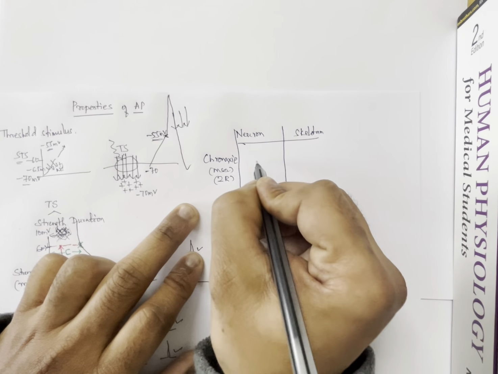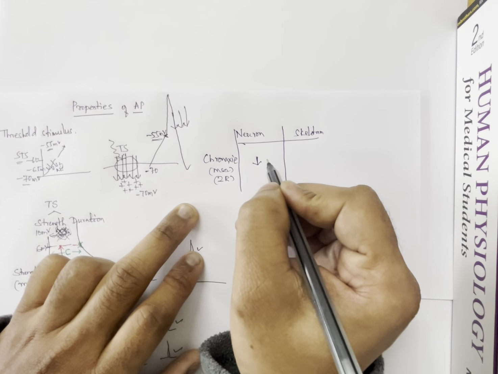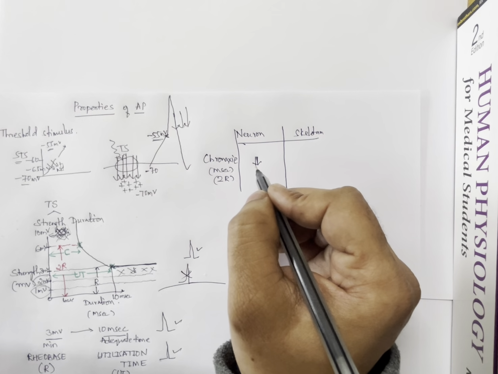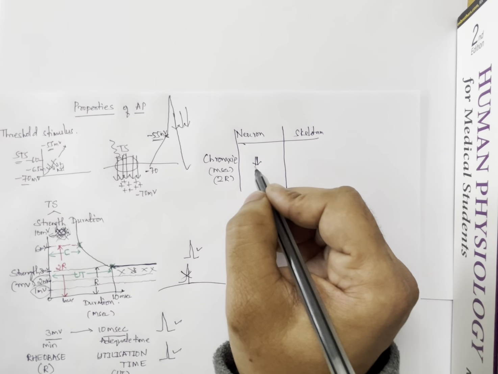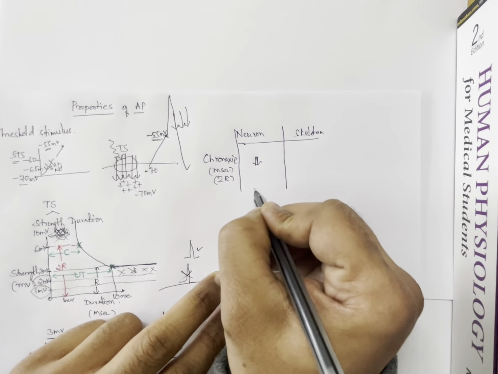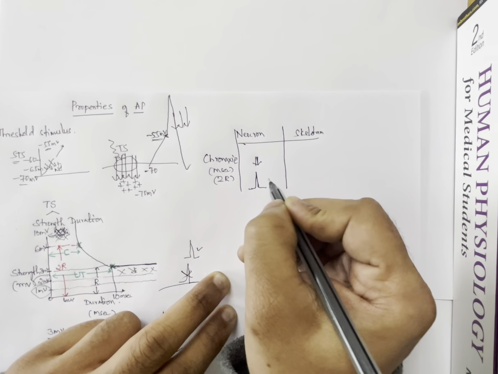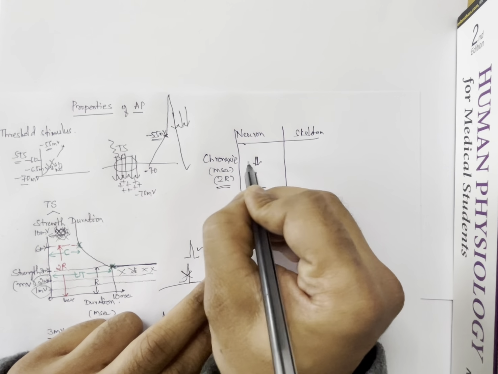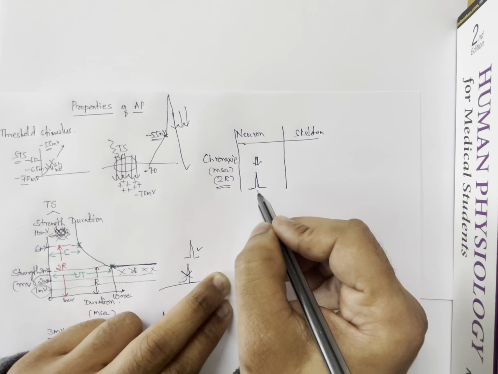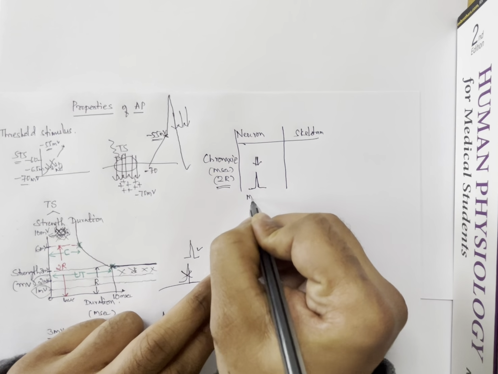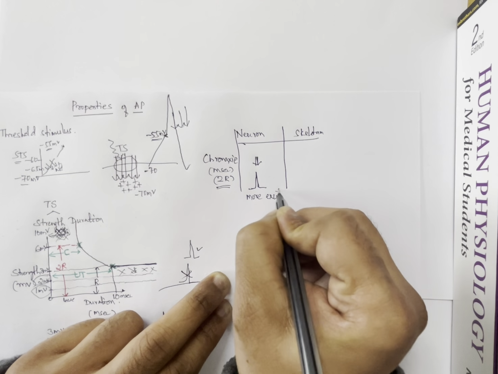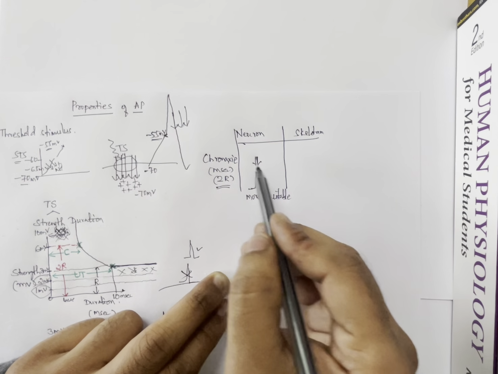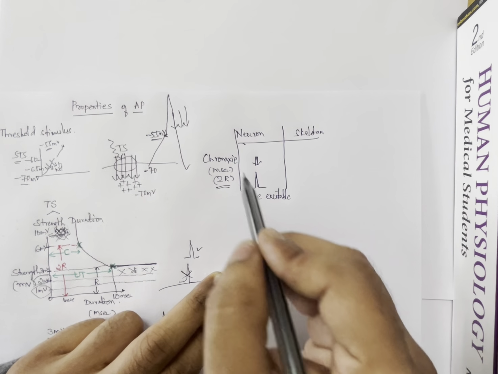If the chronaxie value is less, that means in the shortest duration, with double the rheobasic strength, an action potential was generated. So you applied double the rheobasic strength with a lower chronaxie duration and the action potential is generated. What does it mean? The cell is more excitable. So the lower the chronaxie, the more is the excitability of the cells.